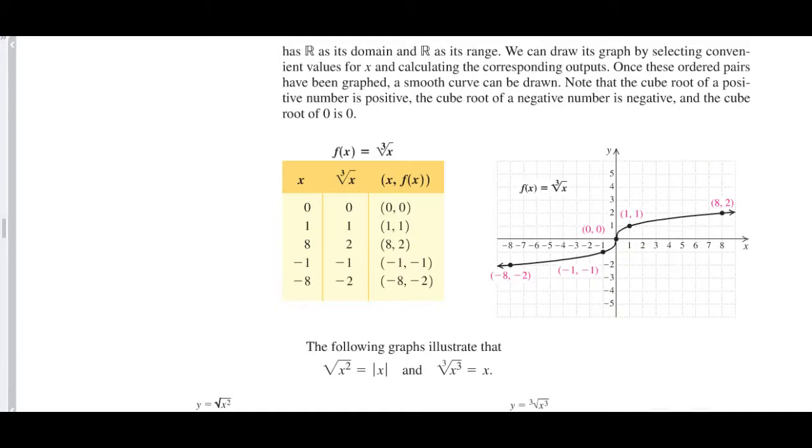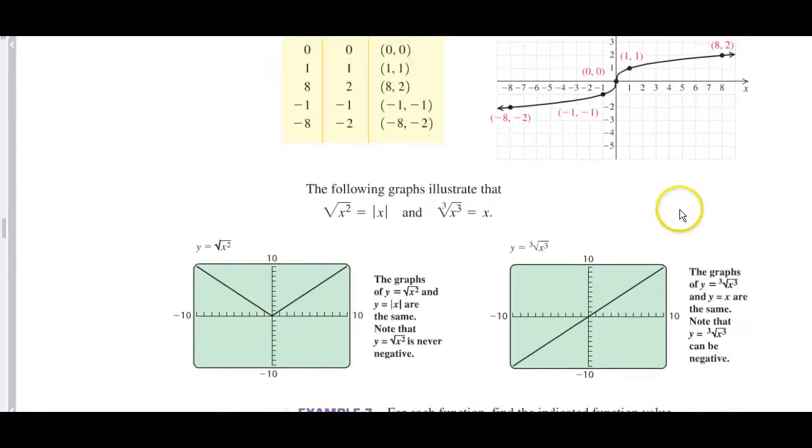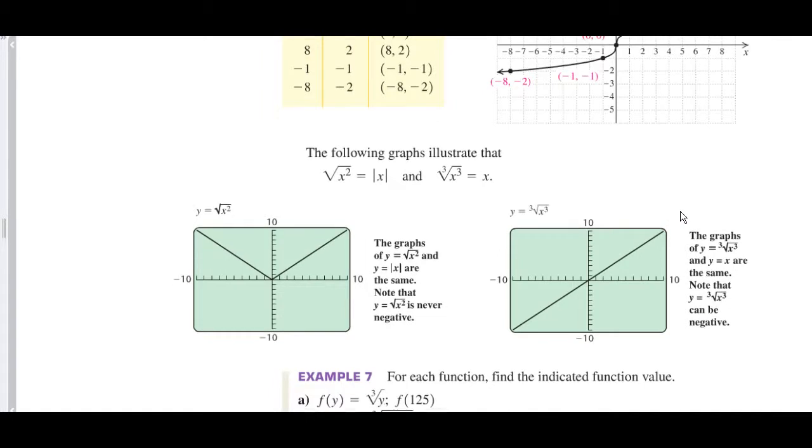And let's take a look at the graphing of this down below here. Now the square root of x squared gives you the absolute value of x, which is this graph, and the cube root gives you x, which is, keep in mind it's like y equals x, would be this line. Okay, so something to think about here.